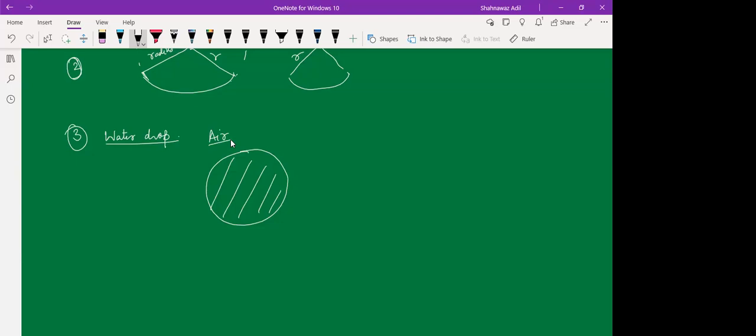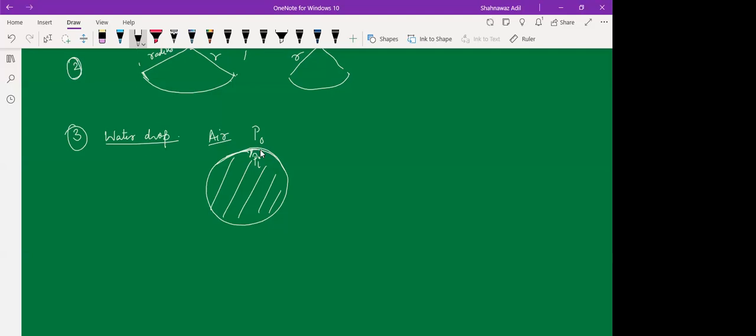And we talked about that it will have pressure. One would be the pressure inside, the other the pressure outside. Right, guys? Yes, sir. And this is the curved part, so inside is the concave region.